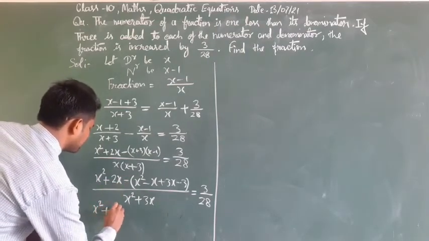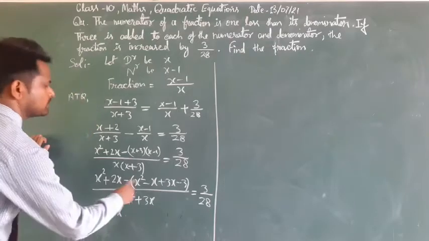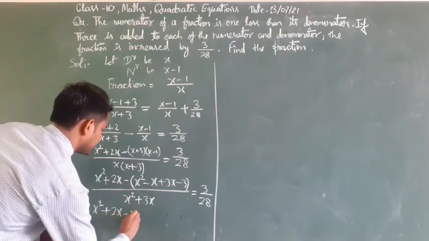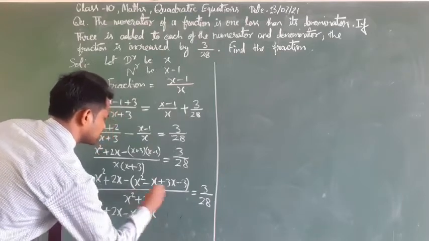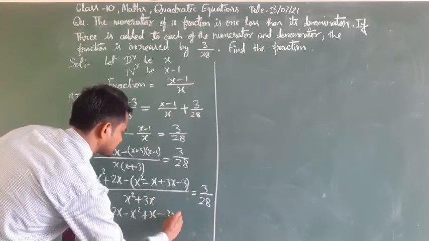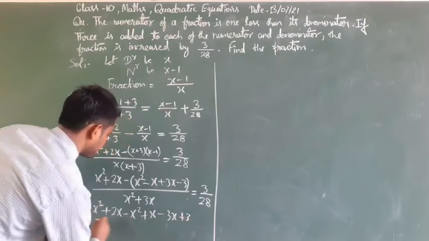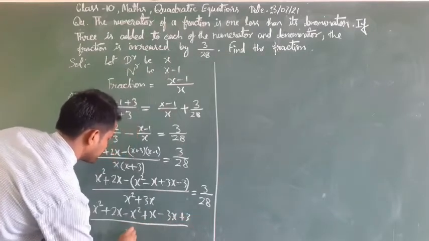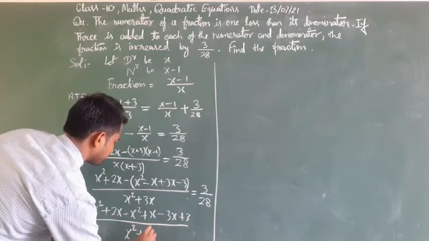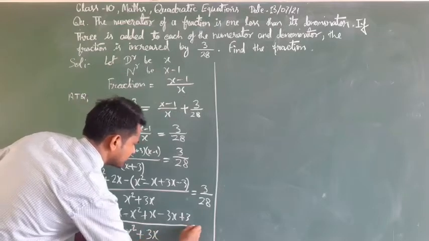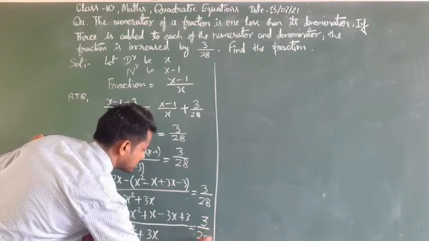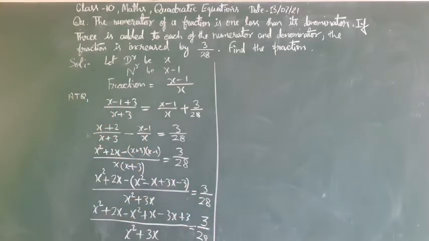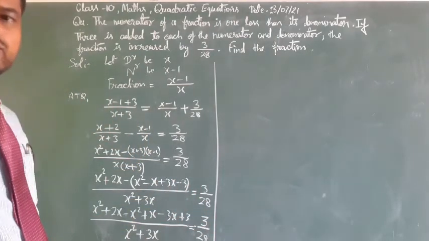So x square plus 2x, open this bracket, then minus x square plus x minus 3x plus 3, whole upon x square plus 3x is equal to 3 by 28.